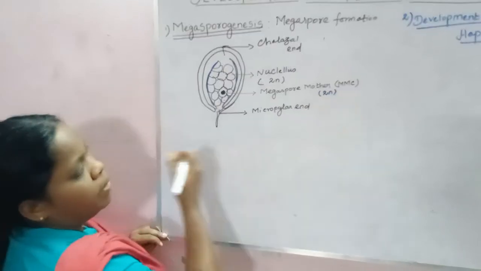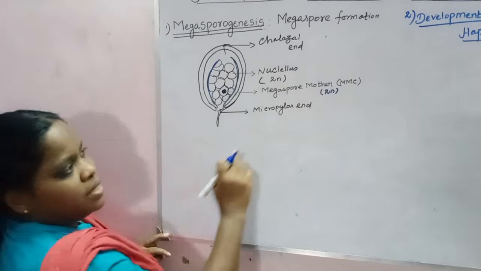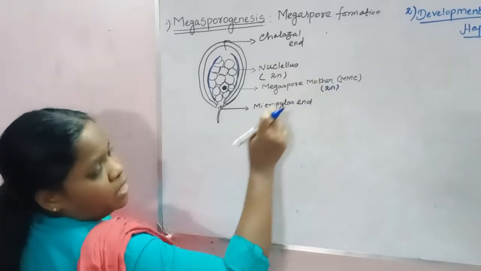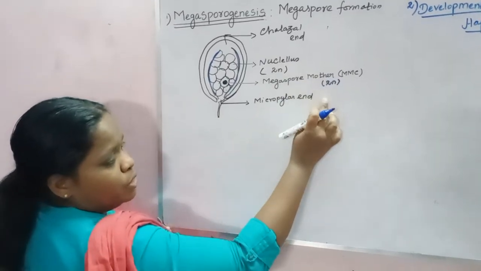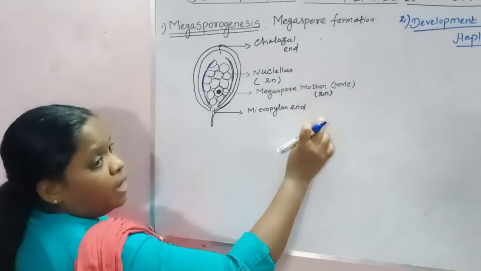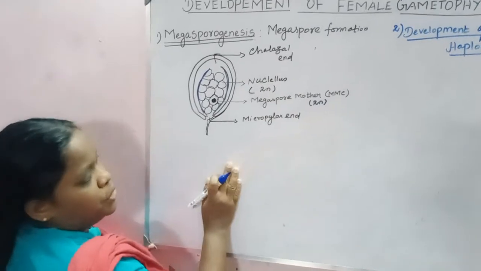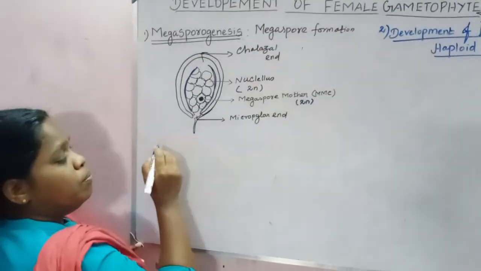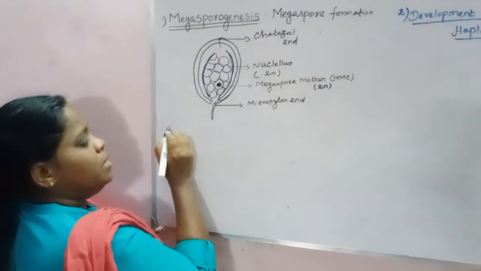The megaspore mother cell is developed into megaspores by meiosis cell division. So how will we define megasporogenesis?